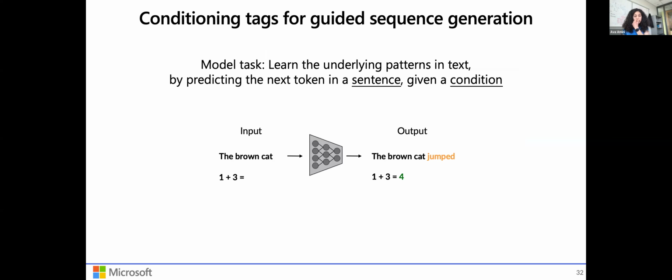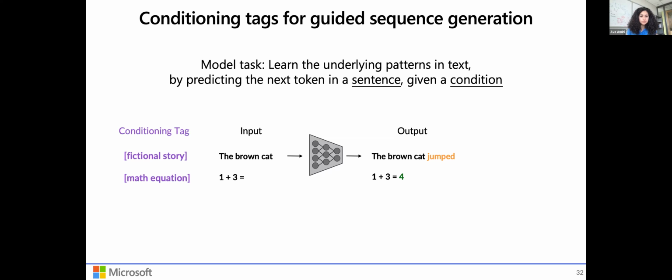And so the approach we took here was this idea of conditioning tags, where now, again, if we go back to our natural language example, you can think of our standard next token prediction task, but perhaps we want to supply some additional context or information to the model about the particular type of generation that it should produce and therefore constrain the sample generations in that way.